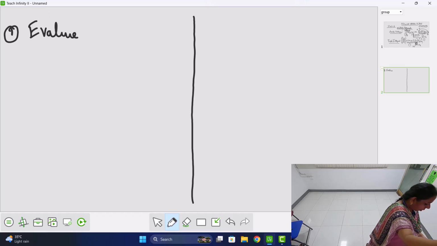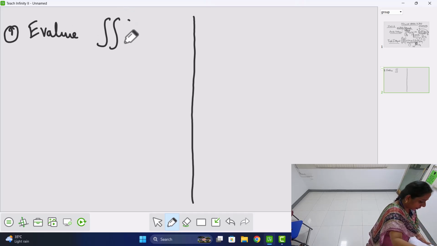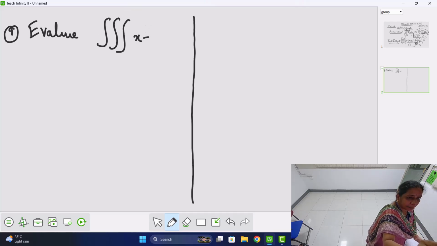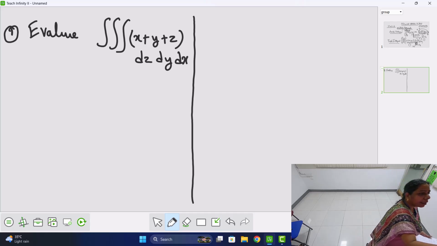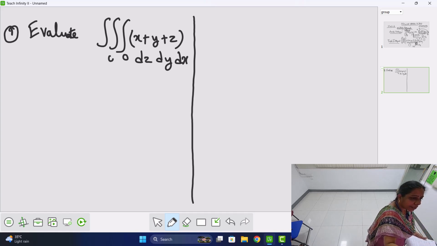Evaluate the triple integral of x plus y plus z dz dy dx. What is the limit given? No issue here, because all upper limits and lower limits are constants, a, b and c. So this is the problem.